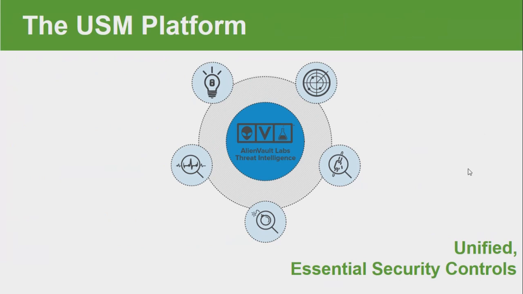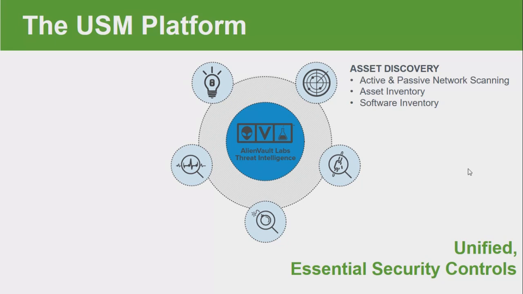So why is AlienVault more than a SIEM? It is a security platform, first of all, because it contains 5 different security features. First of all, you can do some kind of asset discovery, so you can actively and passively scan your network to search for specific assets at specific IPs. Of course, you can do some basic inventory, like asset inventory and software inventory.